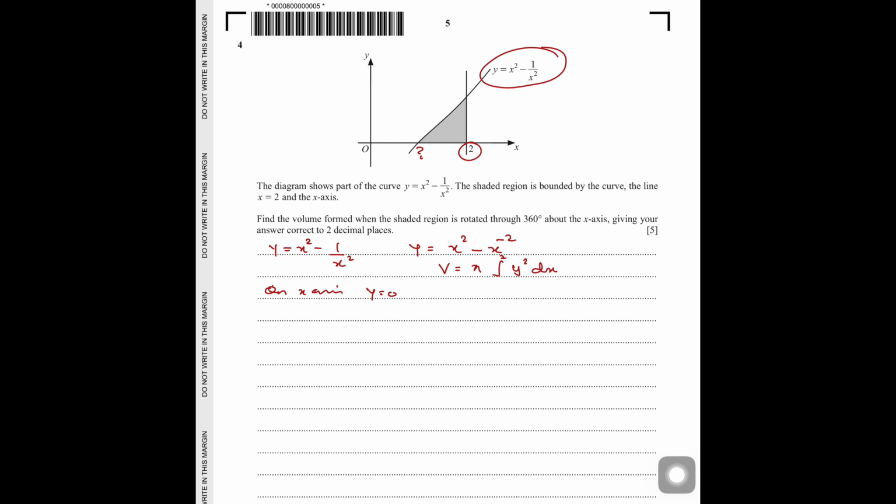So here I write y is 0. X squared minus 1 over x squared is 0. So cross multiply, x to the power 4 minus 1 over x squared is 0. Send it to the other side. X to the power 4 minus 1 is 0. X to the power 4 is 1. So x is 4th root of 1. X is 1. So this value is nothing but 1. So I start from there.